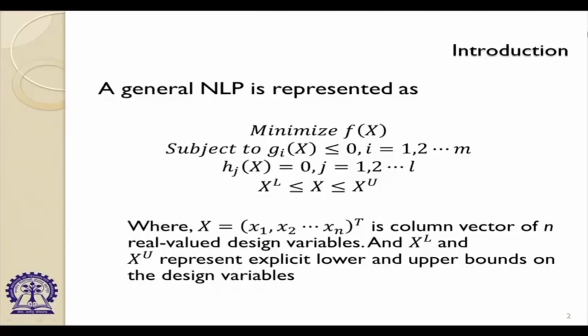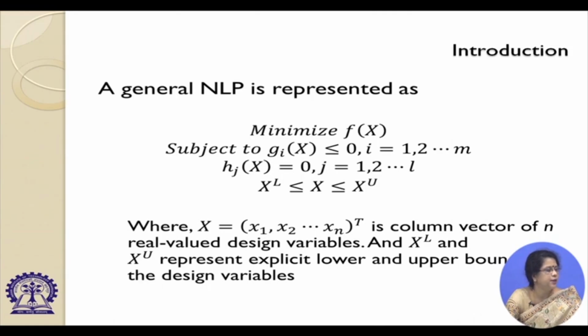Now, this is the general nonlinear programming problem. The structure is that the objective function we have considered as f(x), minimization or maximization of f(x) subject to a set of constraints. Here we have considered several functions.